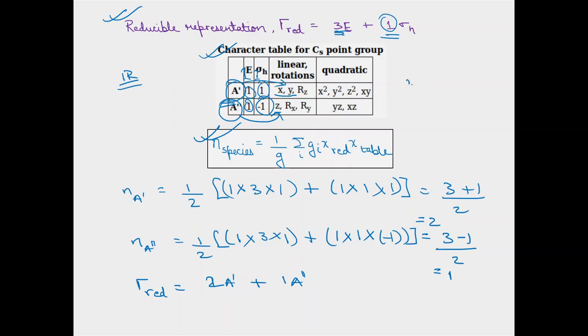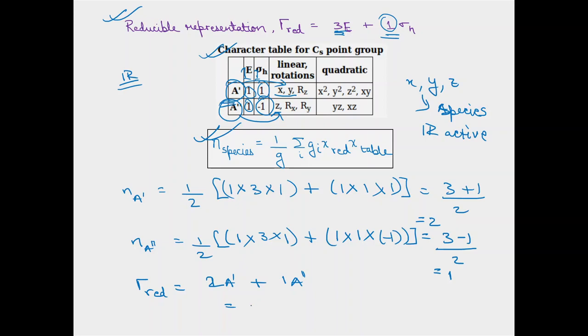So if anything among x, y or z is present in this linear rotation column, then only that species will be IR active. Here both A dash and A double dash will be IR active, because both of these two are transforming into Cartesian coordinates x, y or z. So two, here we can see the 2 from this A dash and 1 from this A double dash.